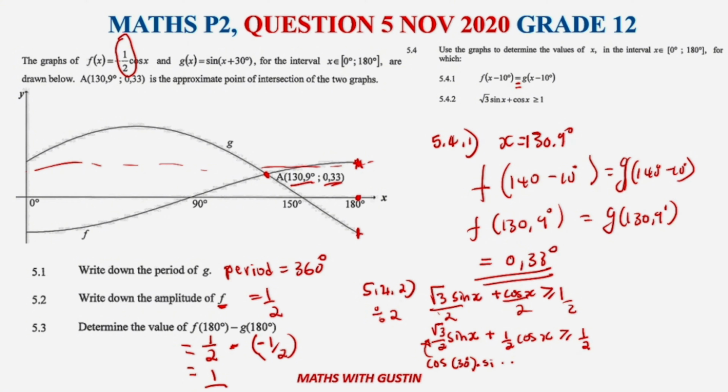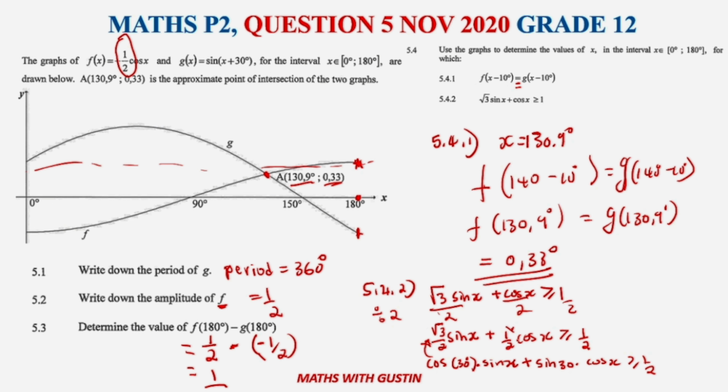It will remain as sine x. Here, guys, it's like you're having a double angle, but you're working backwards to that double angle. So before it became like that, it was sine 30, which gave us this half here, times cos x greater or equal to half.